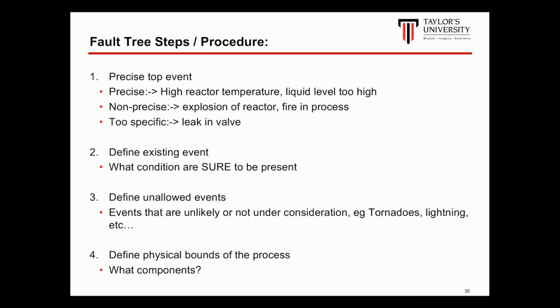If it is overly specific, like leak in valve, leak in pump and all that, you may end up with a very small fault tree, maybe just 1 or 2 layers. And if you start with an event that is not precise, like fire or explosions, so many things can lead to this, and you might end up with hundreds of pages of fault tree analysis, but you have not looked at what you really want.